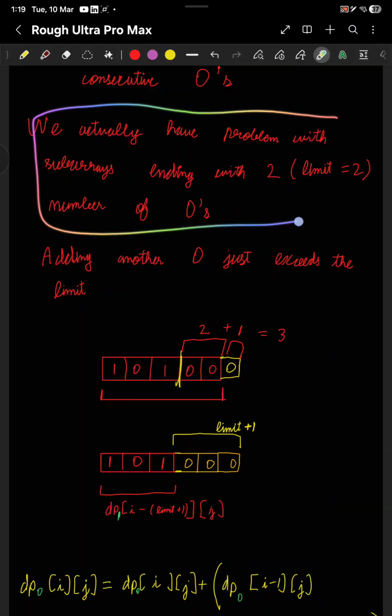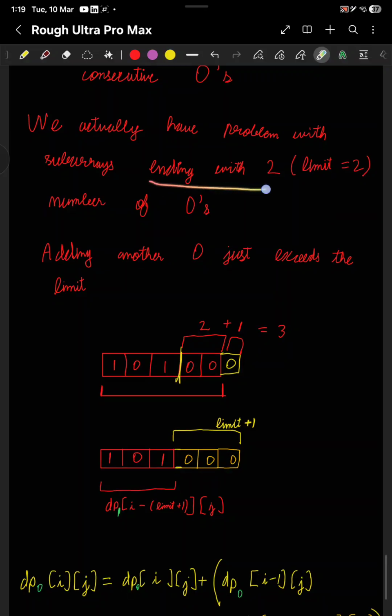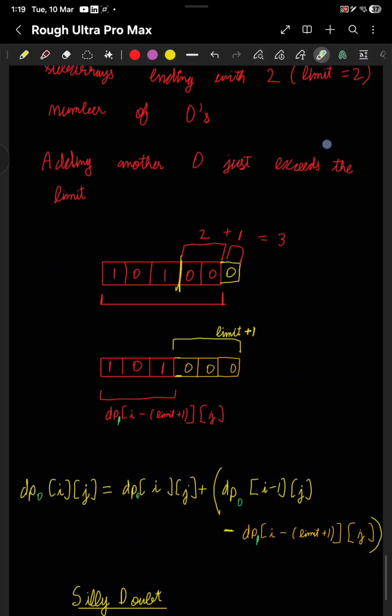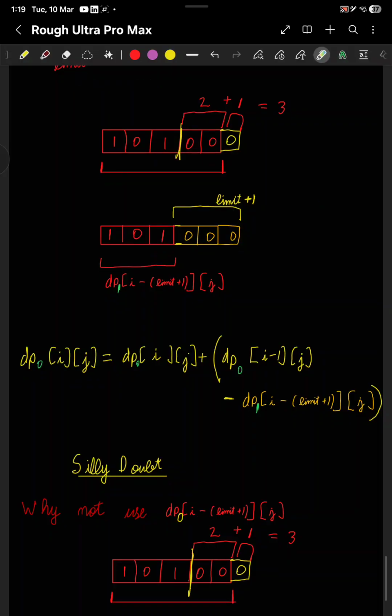Yeah, so here it is written that we have a problem with arrays ending with 2 consecutive zeros. Adding another 0 exceeds the limit. So from dp of i minus 1 comma j, we need to subtract these permutations. And how do we get that?